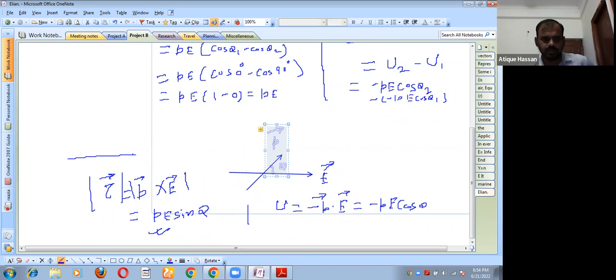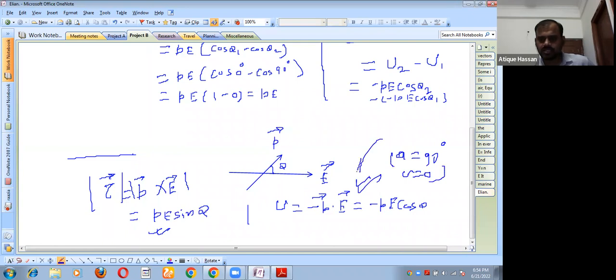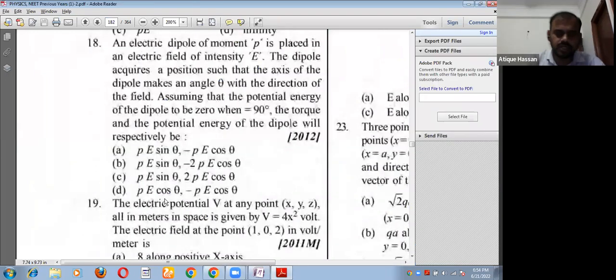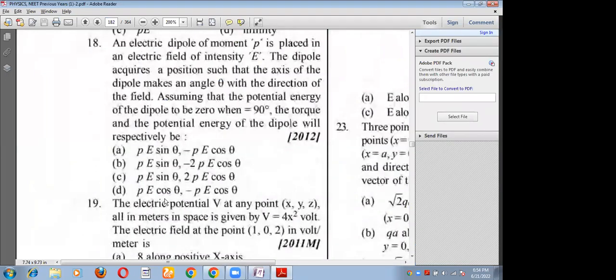When we write the potential energy formula, we already assume at theta equal to 90 degrees, potential energy is 0. There is nothing extra to be included from that statement. Straightforward we can use it. Got it? Any doubt? No, sir. Okay.